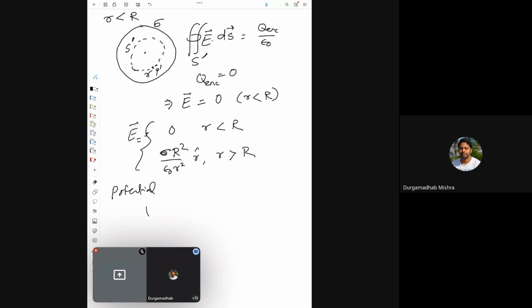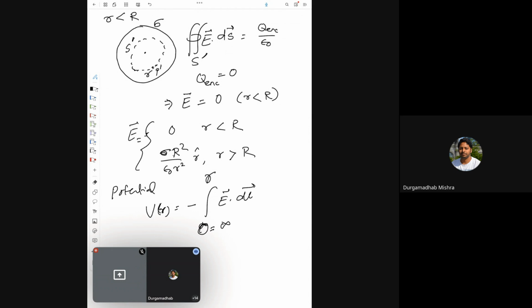The potential is normally defined as a line integral. If I want to find the potential at any position r due to a particular charge distribution or electric field, I take a reference point, and calculate the line integral of E dot dl from that reference to that point. In most cases, you choose this reference at infinity.